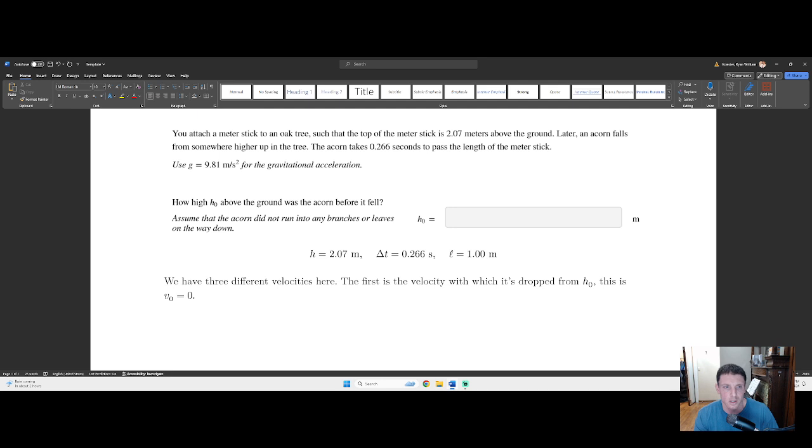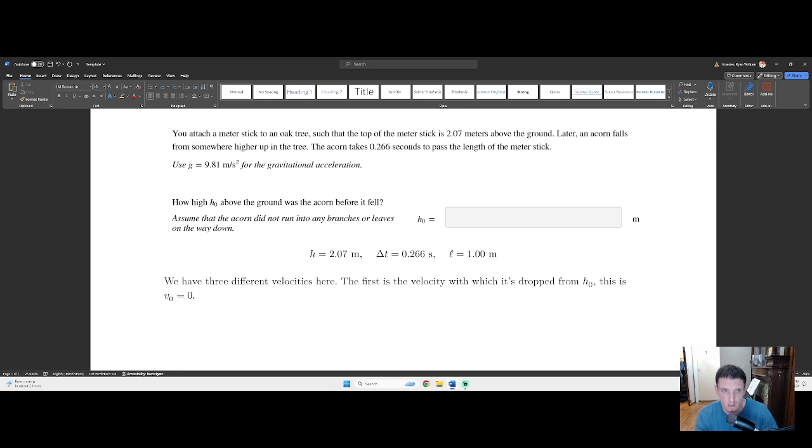And you're not explicitly told this either, but it's kind of the only thing we can assume. It says an acorn falls from somewhere higher up in the tree, so maybe it has some initial x velocity or whatever, but we don't care about that. We're just going to assume that it falls from rest, right?